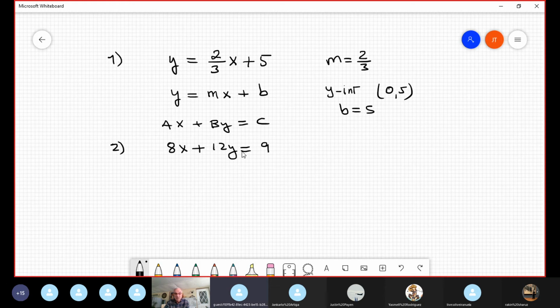Sorry, Professor. When you say standard, is that like a standard formula? Yes, this is a standard form.